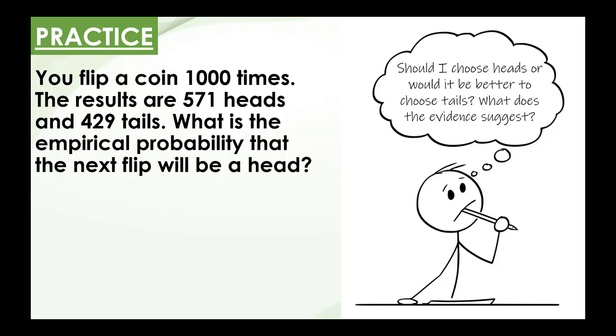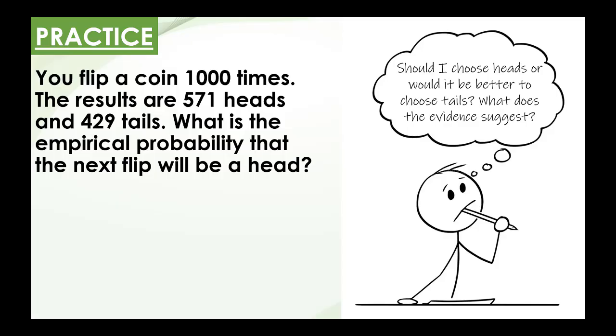That's really what we're talking about when we're talking about empirical probability, is what does the evidence lead us to believe? In a perfect world, it's a 50-50 chance whether or not this coin comes up heads or tails. But if we were betting money and we noticed that it seems to be coming up heads more often than tails, then wouldn't we be more likely to bet heads than tails?